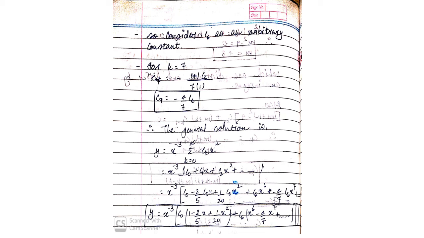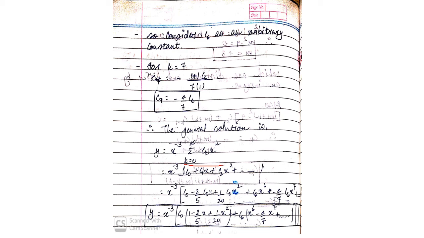At the last, find the general solution, and our solution is y equals x to the m, summation k equals 0 to infinity, ck x to the k. Here expand this series, so that will be c0 plus c1x plus c2x square and so on. And m we are doing for the smallest root, that is minus 3, right?